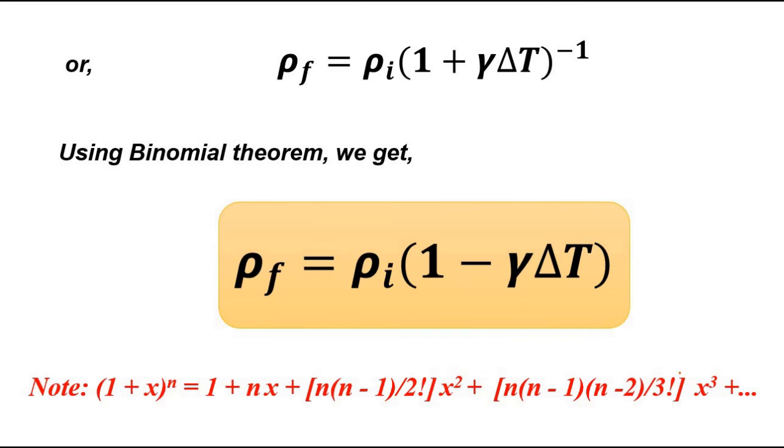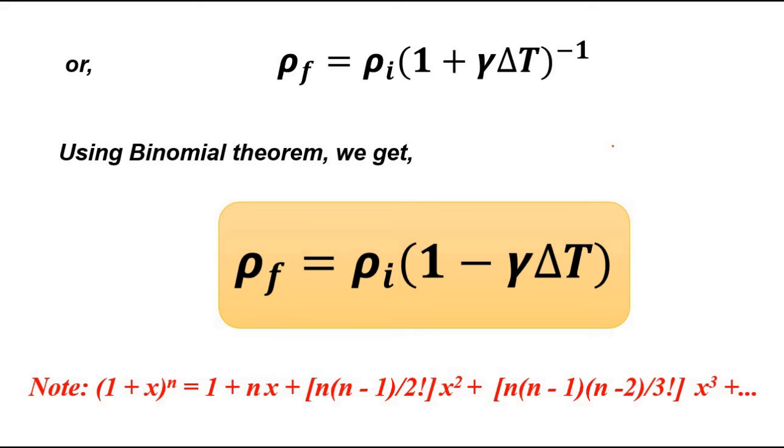Here we neglect the higher power terms, the square terms and the cube terms, because the coefficient of volume expansion is very small, so the higher power terms are almost equal to 0.